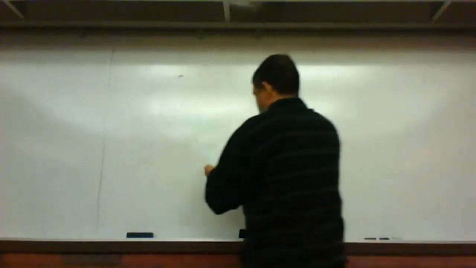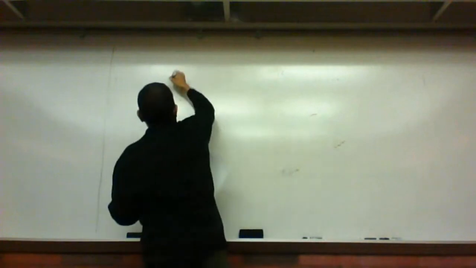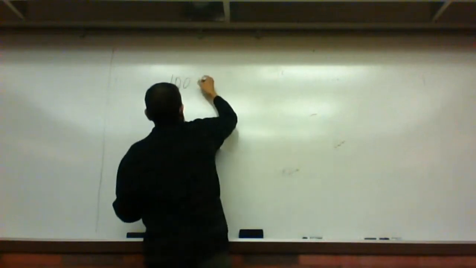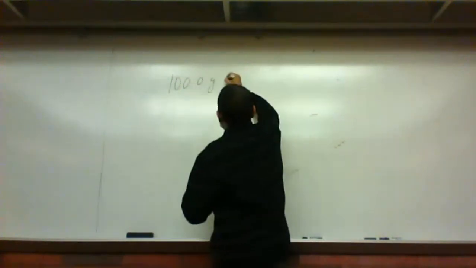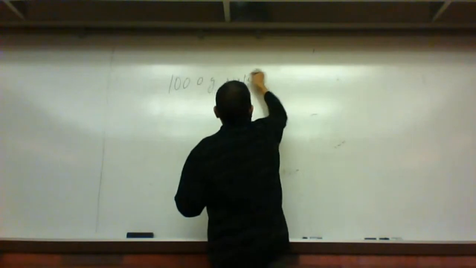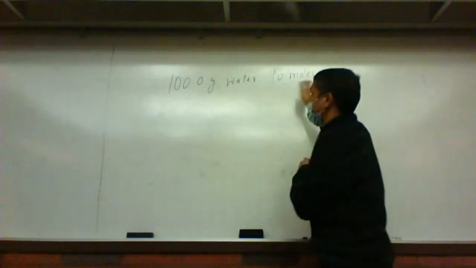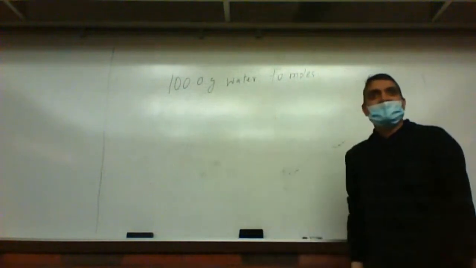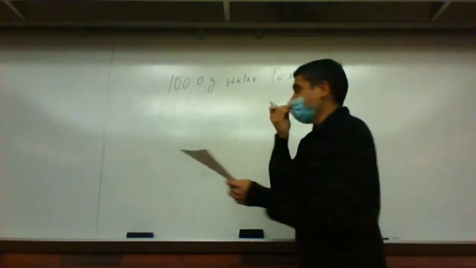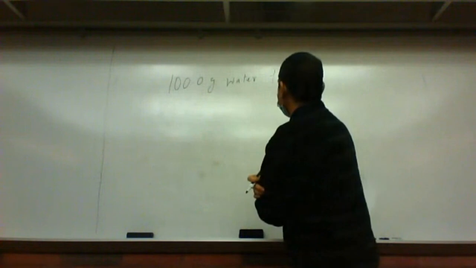Convert 100.0 grams of water to moles. I will explain what moles are later, but I just want to show how to do the conversion here. So convert 100 grams of water into moles.